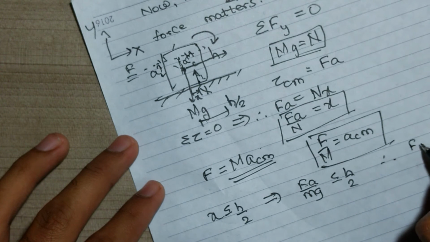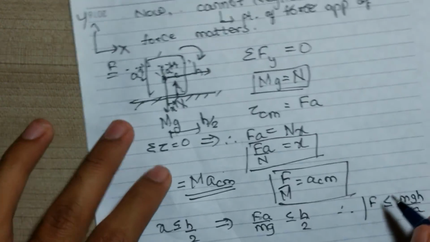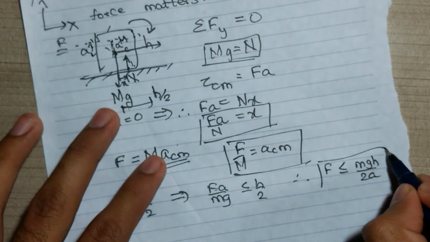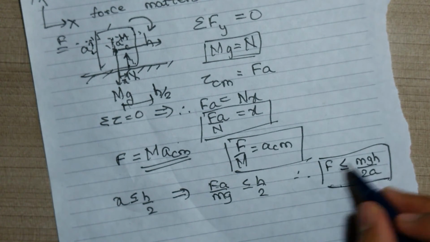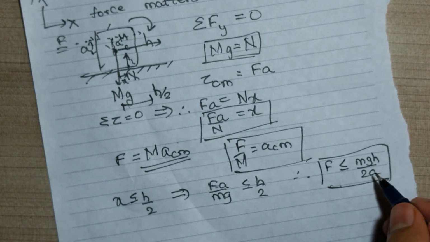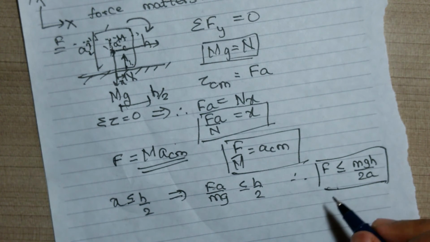Therefore F is smaller than or equal to mg h upon 2a. If this much force or a smaller force is applied, then the block won't topple. If a force bigger than this is applied, the block will topple.